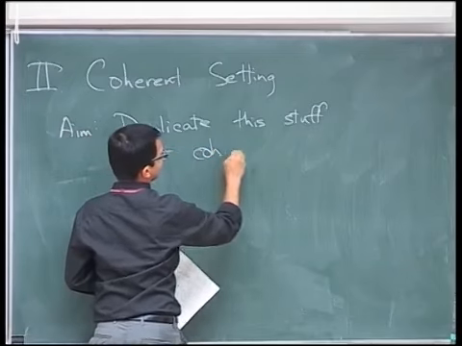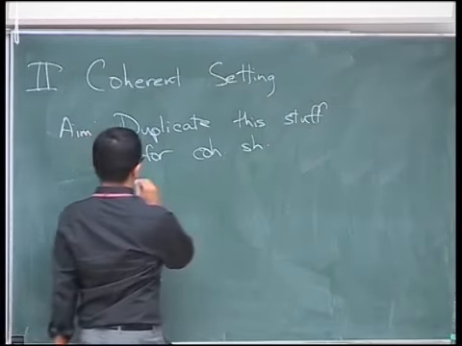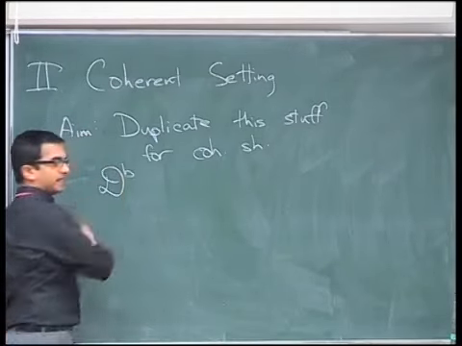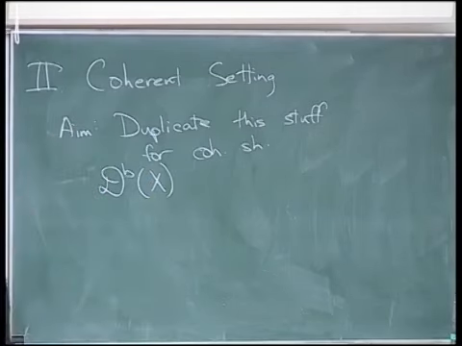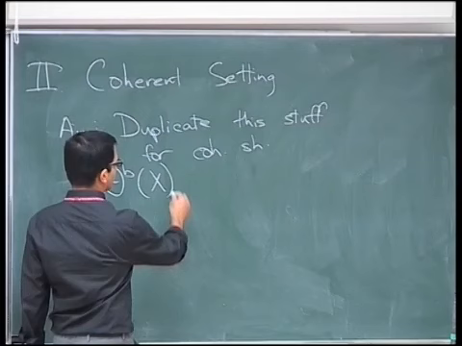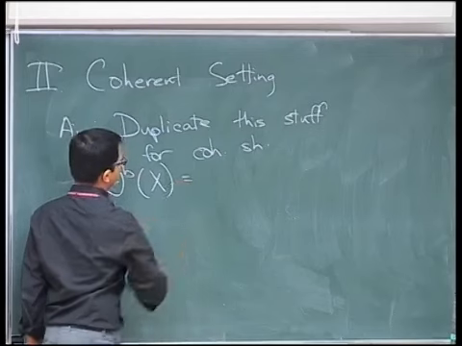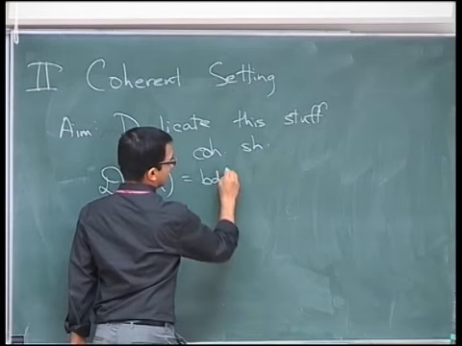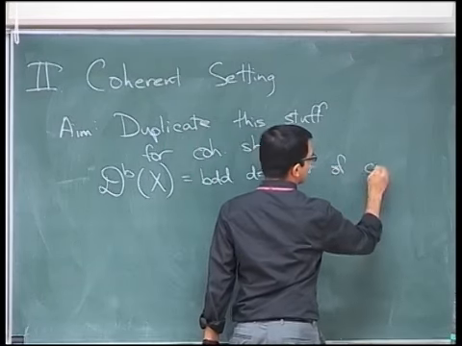The first thing we need is a tiny bit of notation. I'm going to write script D^b(X), and my convention throughout is going to be that script letters stand for coherent things and Roman letters stand for constructible things. So script D^b(X) is the bounded derived category of coherent sheaves.